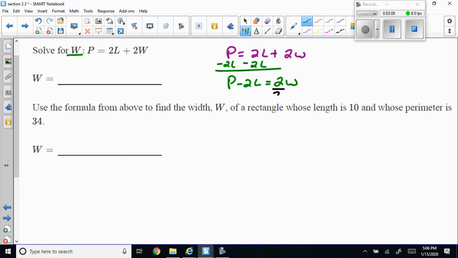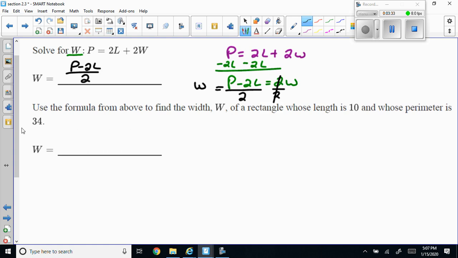And of course, guys, we would divide both sides by 2. Right. So W would equal P minus 2L over 2. When you put that in, you can put it in as a fraction. Just make sure that you put parentheses in case everything is in the numerator.